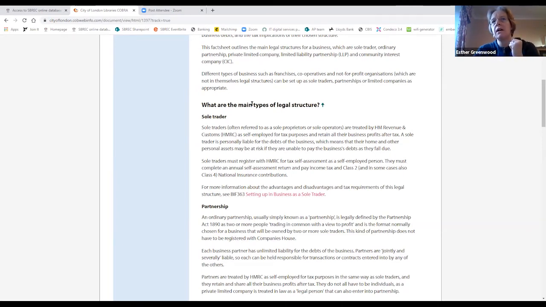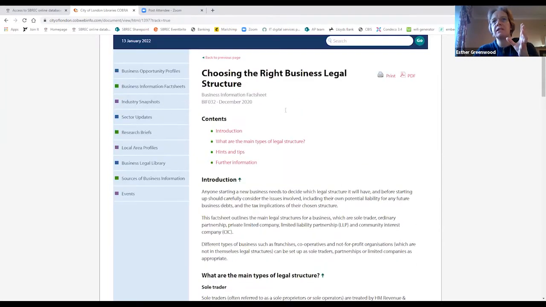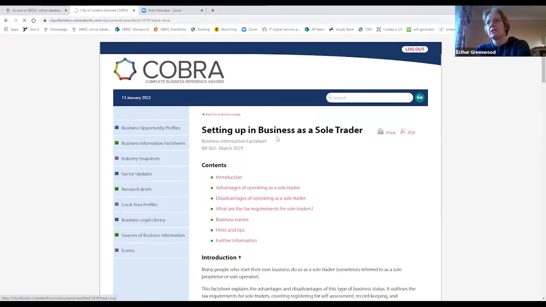But there is information about each of these. So this particular sheet talks about the different legal structures, and it gives you links through to another page of further information. So for example, this one is about setting up as a sole trader. So this also is on here for you, so you can use that.